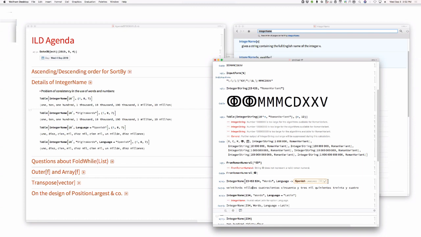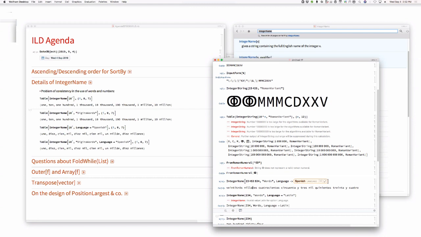And I guess, what do we do if we say integer name? Oh, I see. We just have language here, whereas integer string has different kinds of integers. That's right, as opposed to integer name, which has to have a human language. Make sense? Right.